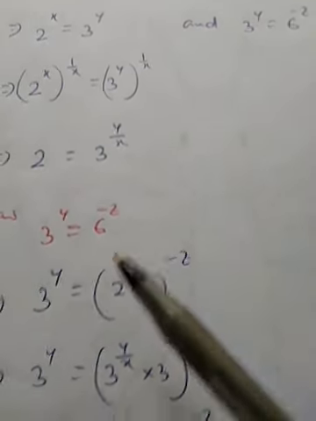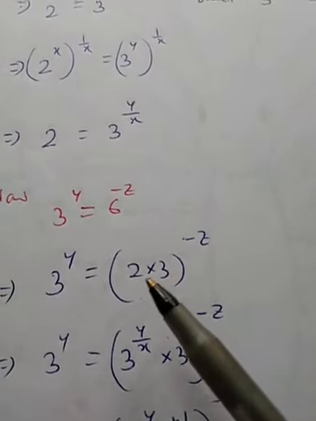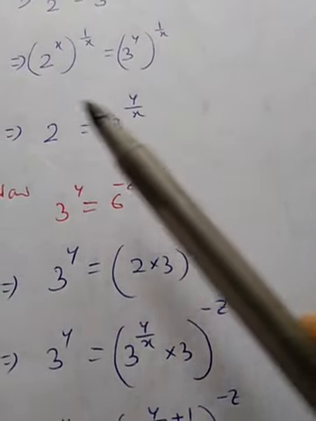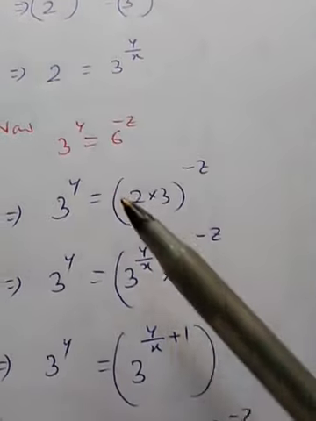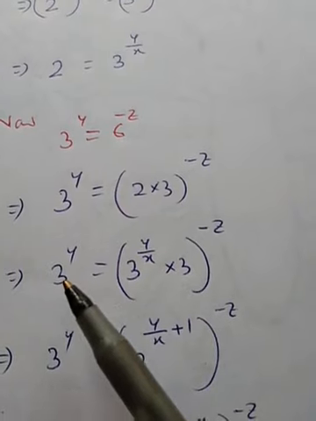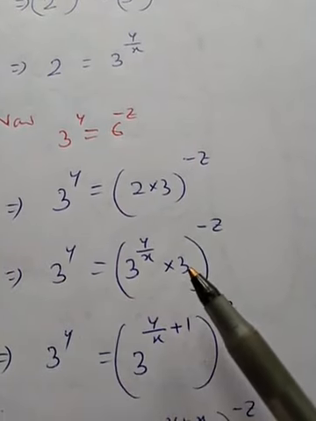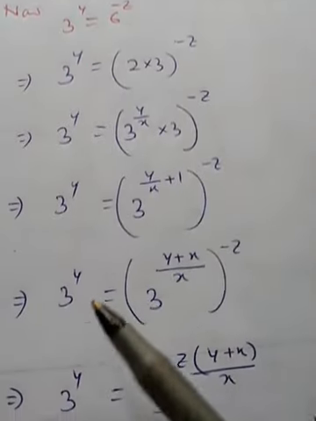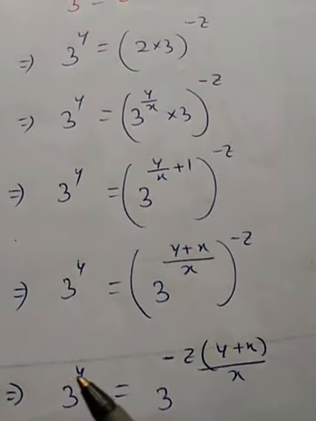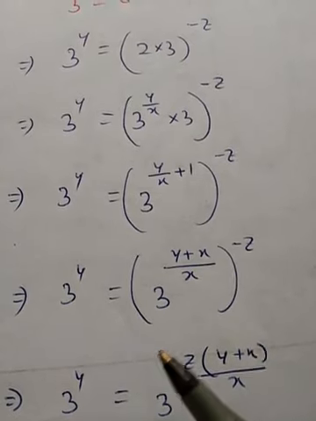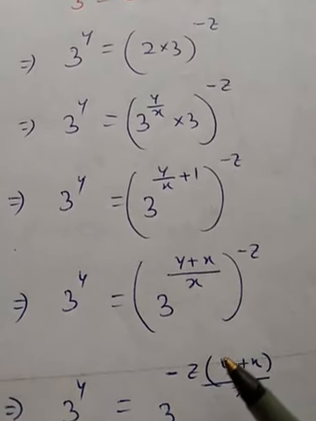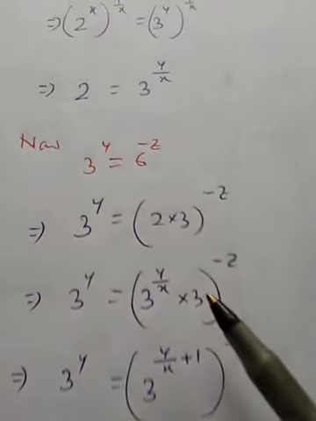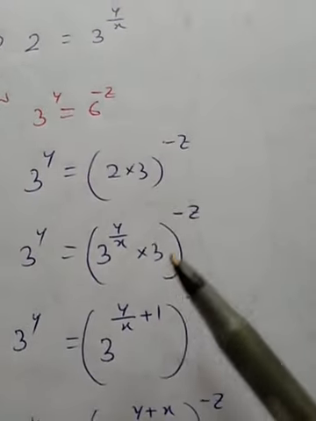This 6 will factorize into 2 into 3, and then this 2 will be replaced by this relation. So here the base will be 3 everywhere, and then we will be able to compare the exponents because we need a relation among these x, y, z. So here we are simplifying.